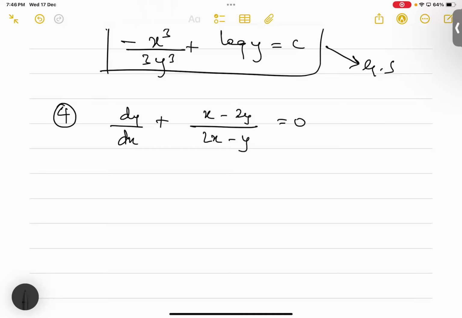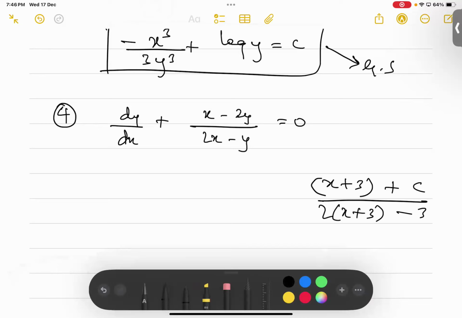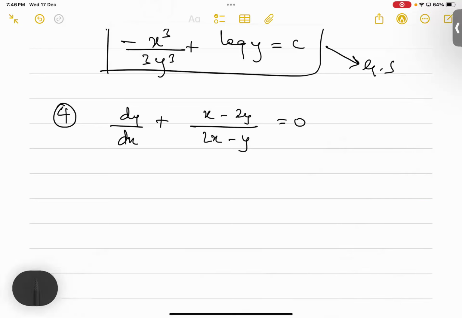We cannot take that as t, na? If something is like x plus 3 plus, let's say c, and 2x plus 3 minus 3, can I take 2x plus 3 is equal to t? Yes. So there should be a workable plan for method of substitution, which is not over here, right?